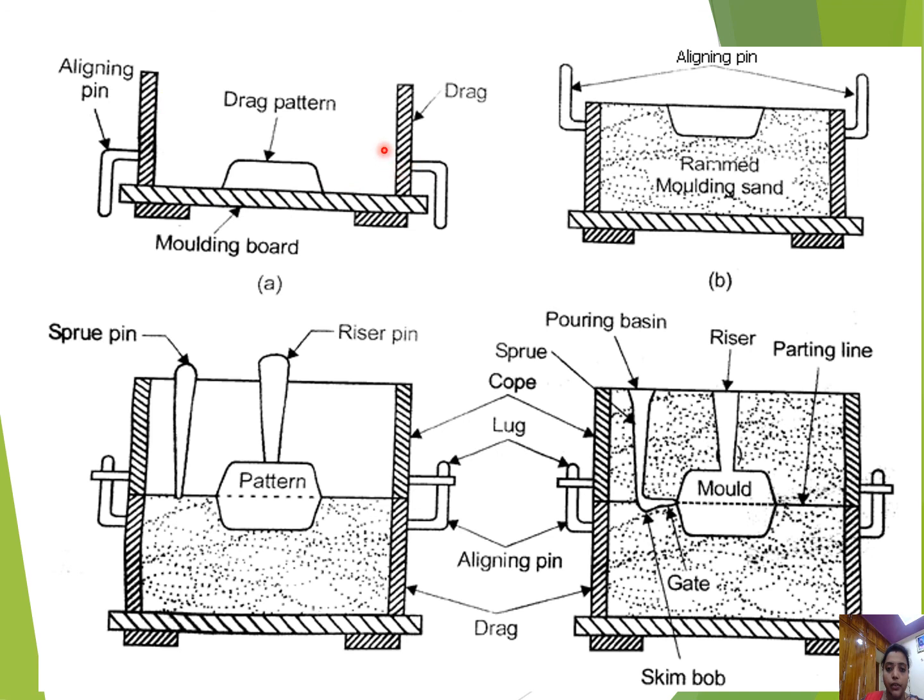That's why we will reverse this drag part. For the locking system, we reverse the drag part, and here we will get this one in the upward direction, and the whole object is turned like this. After locking these two boxes, we will get this one, and the mold cavity is prepared.